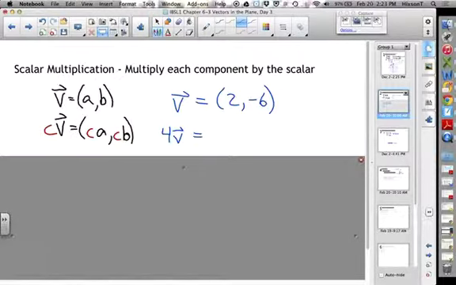Now when we were multiplying vectors before, we would simply draw another one onto the end of the first one. So if I had a u, then if I put another u on the end, that gives me 2 times vector u.